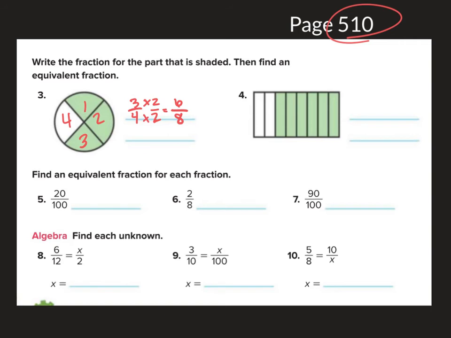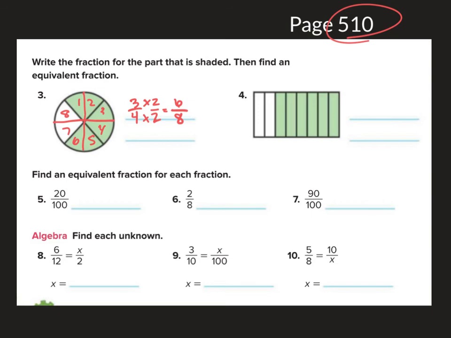So again, what is happening there when I'm multiplying by 2 over 2? I'm just cutting the pieces in half, right? Because now look, I have 1, 2, 3, 4, 5, 6 pieces shaded out of 8 total pieces. So I didn't change the value of the number.